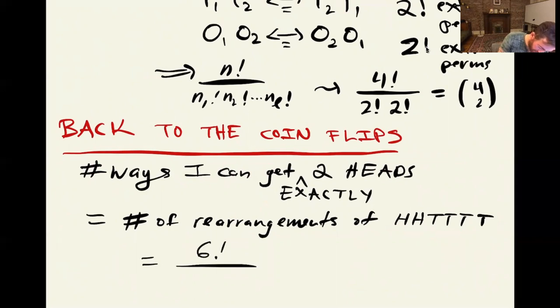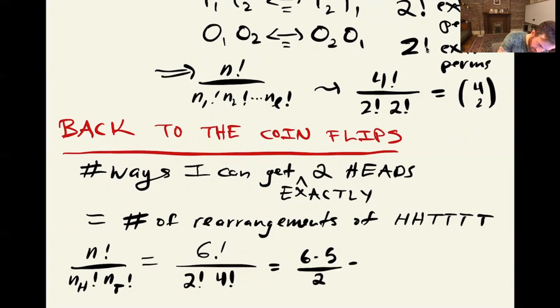I look at the number of T's, so it's going to be n factorial over the number of H's factorial times the number of T's factorial, which ends up being 2 factorial times 4 factorial, which again is 6 times 5 divided by 2, which is 15.